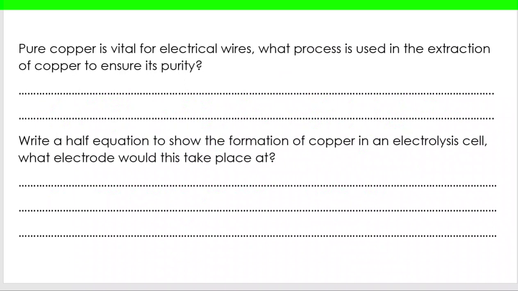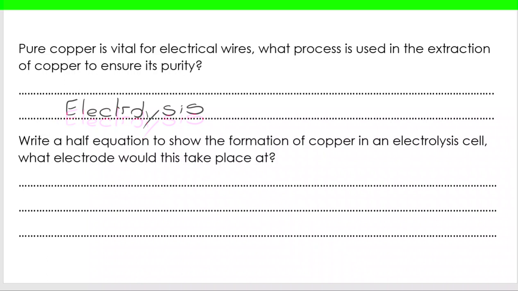Pure copper is vital for electrical wires. What process did we learn about in previous chapters to get pure copper, to ensure its purity? The process we use is electrolysis, and there's a whole video that goes through how that copper is purified. With impure copper, the copper being converted into copper ions, those positive copper ions being attracted to the cathode where they are reduced to copper.